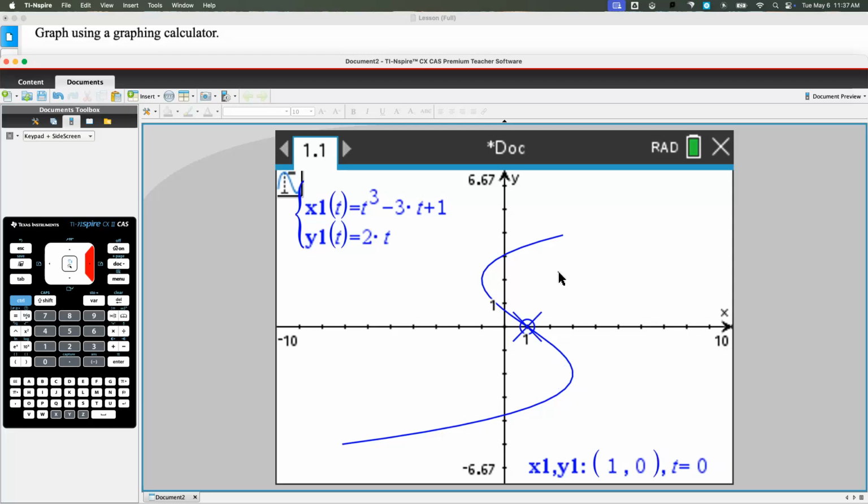At a t value of 0, I'm at the point 1, comma, 0. At a t value of 1, I'm at negative 1, comma, 2. And a t value of 2, I'm at the point 3, comma, 4. Okay? And then that way you can easily transfer your calculator graph to your actual graph.